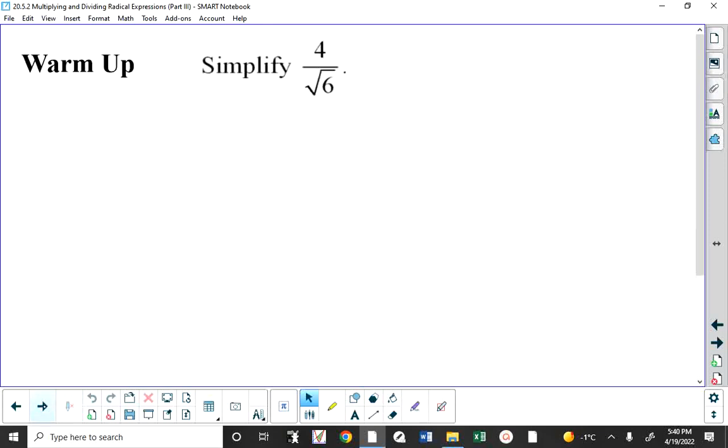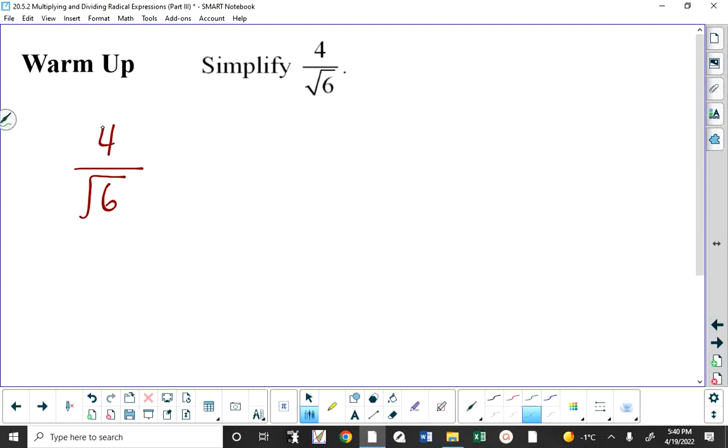So, as a warm-up, just to get our brains in gear, if I gave you something like 4 over root 6 yesterday and I said simplify, you might look at it and go, well, 4 is a coefficient, root 6 is a radical, I can't divide them. Root 6 cannot be simplified because there's no perfect square that divides into 6.